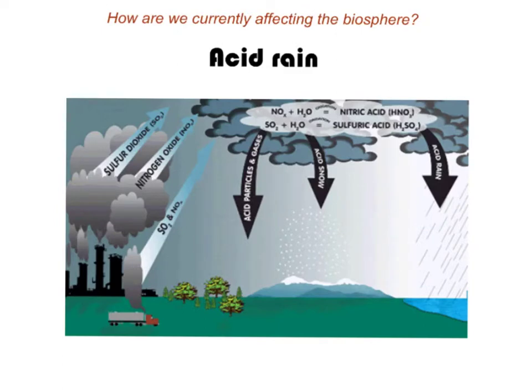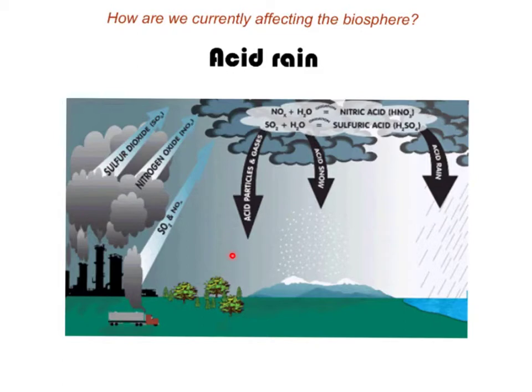Another way we affect the biosphere is acid rain. Pollutants such as sulfur dioxide and nitrogen oxides rise into the atmosphere and alter the pH of the precipitation. It changes the pH of the water cycle. And obviously, life is very sensitive to pH.